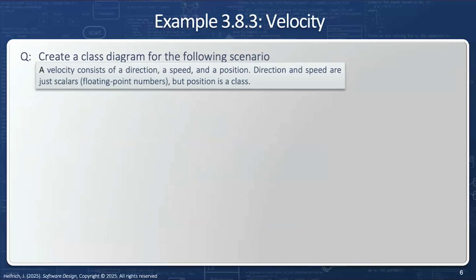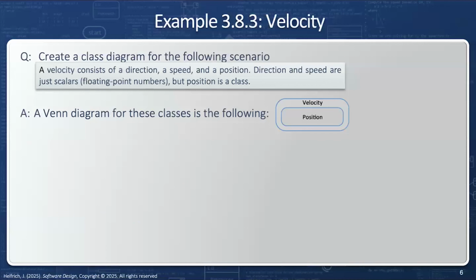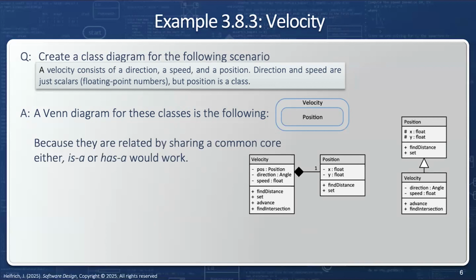A velocity consists of a speed and a direction and a position. Now, the direction and speed are just scalars, but the position is a class. So for the Venn diagram, the position is going to be within the velocity. Is that going to be ISA or HASA? Well, because they are both related by sharing a common core, namely position, either ISA or HASA could work.